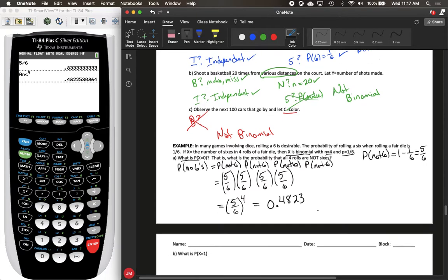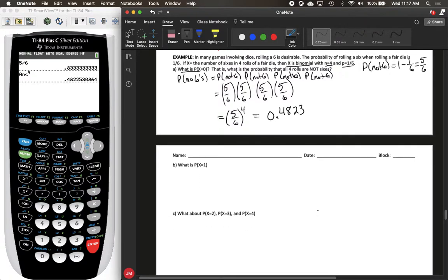All right. To continue this investigation, we're next going to look at what is the probability that we get x equal to 1. In other words, the probability that we get one 6 out of 4. Well, let's see.